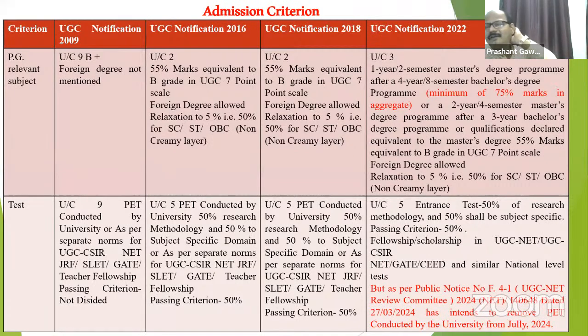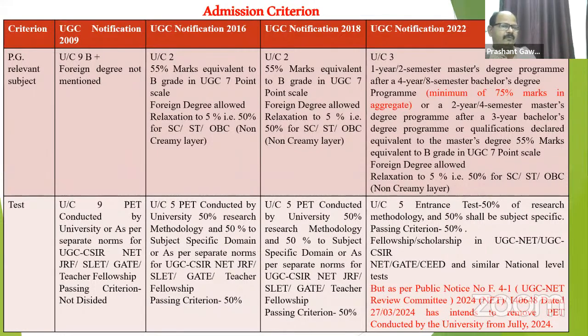Later, they incorporated the 1-year, 2-semester master's degree, provided the student has completed the 4-year, 8-semester undergraduate program. Only then are these students allowed to take admission to the PhD. The minimum is 75% marks in aggregate, with 5% relaxation, so 70% for reservation category candidates.